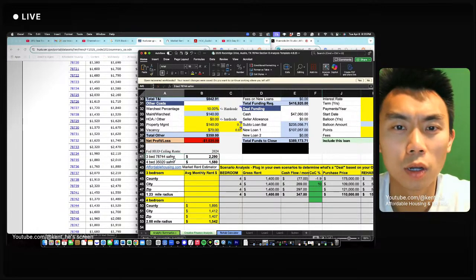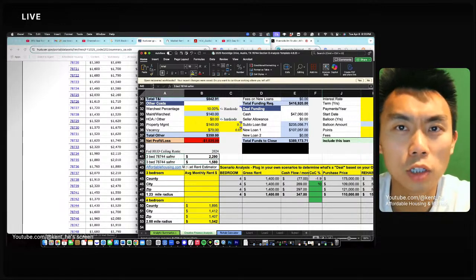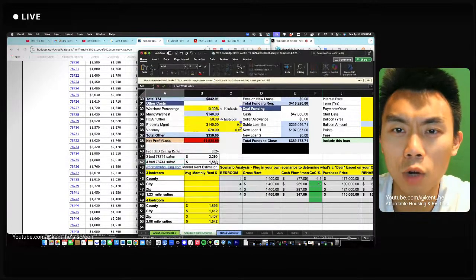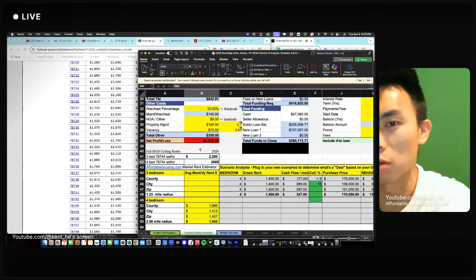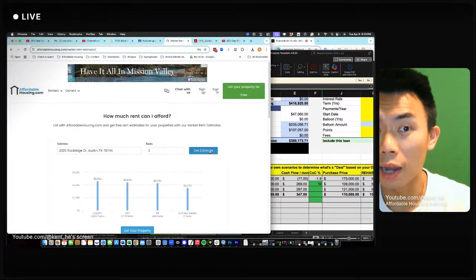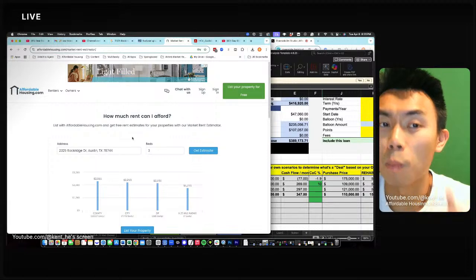I'm also going to get the number for 4 bed, just so I can understand, in case there's ever an opportunity for me to increase the bedroom count, what is my incremental rent? 2660. Great. Now that I have this rent, I have to compare it against the market rent.